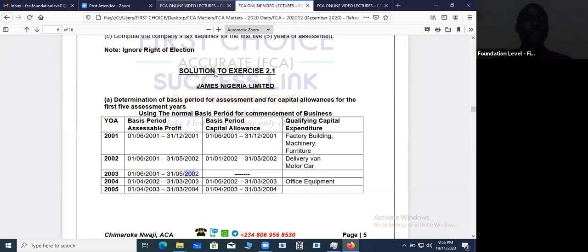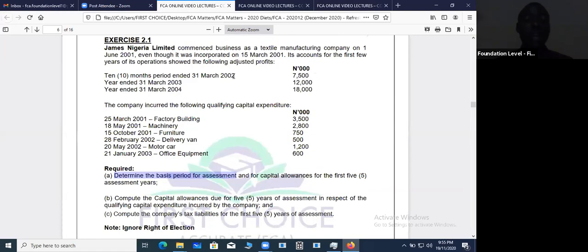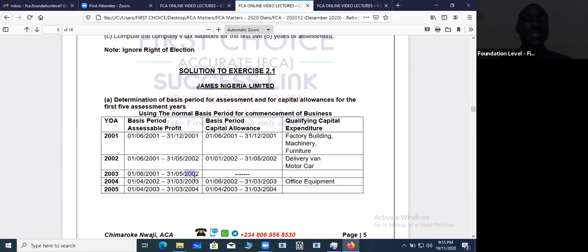The accounting date is March 31st every year. So if you attempt to put March 31st here, I didn't put March here, I put May. But let's assume we put March.